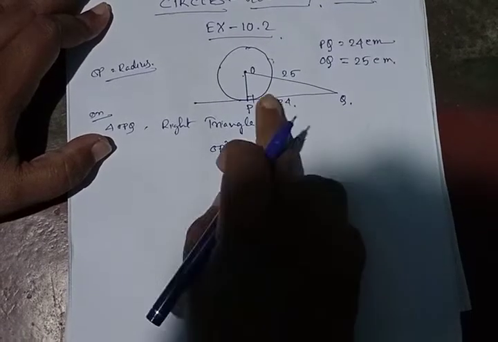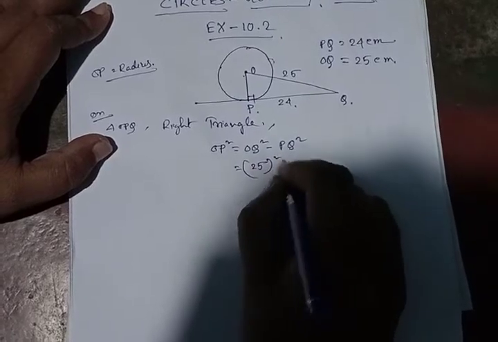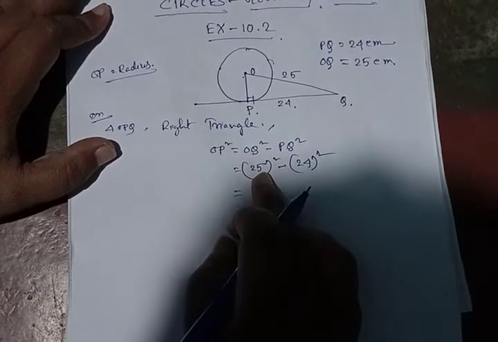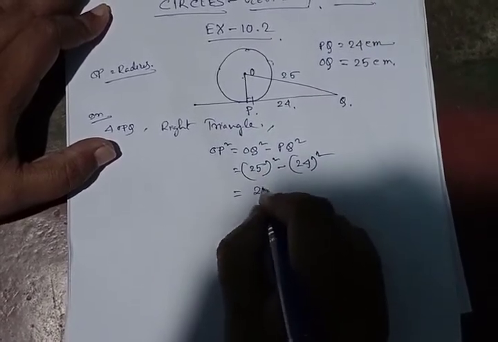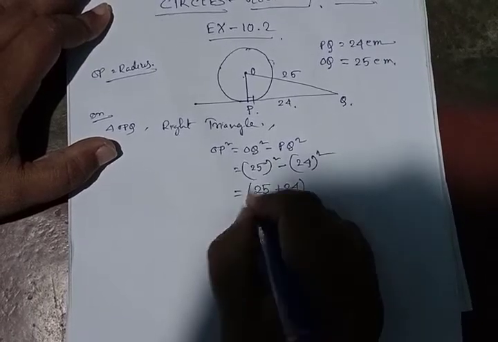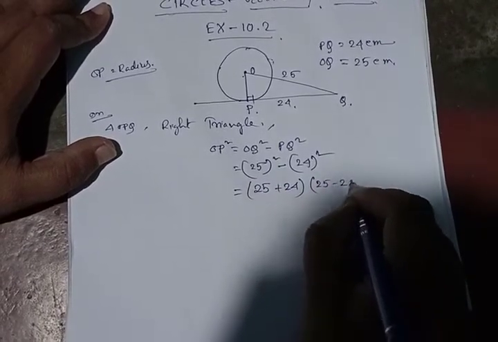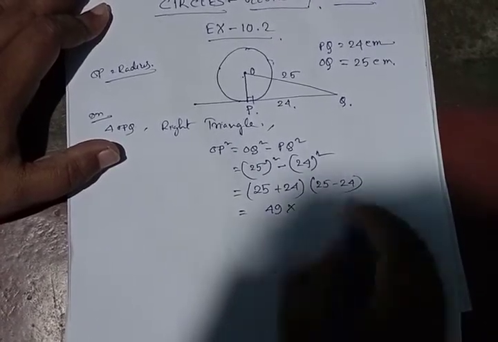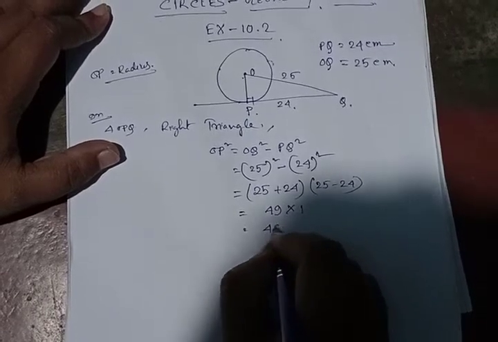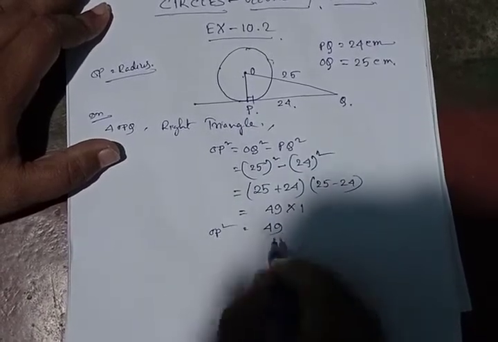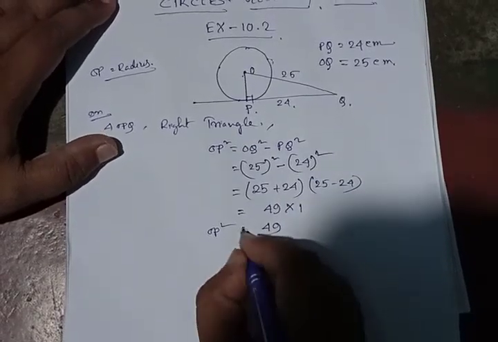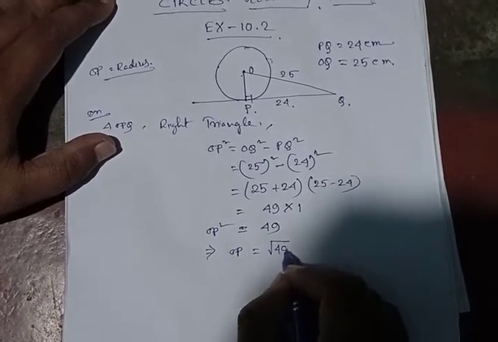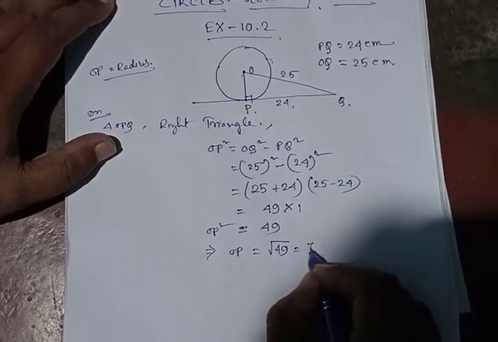Now OQ means 25 square minus PQ means 24 square. If I apply the formula, this is equal to 25 plus 24 into 25 minus 24, that is 49 into 1, means 49. So OP square equals 49, implying OP is equal to root 49, that means 7 cm.